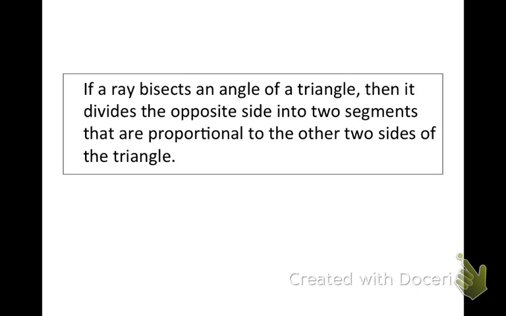If a ray bisects an angle of a triangle, then it divides the opposite side into two segments that are proportional to the other two sides of the triangle. Period.